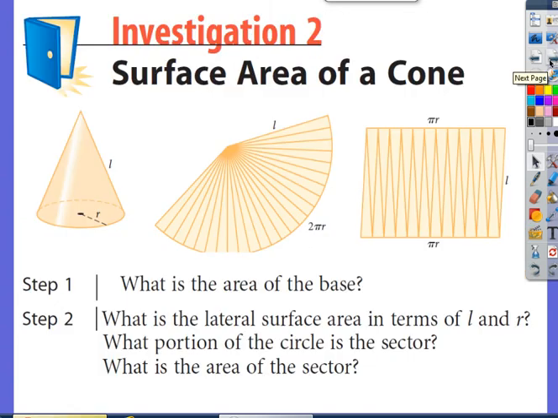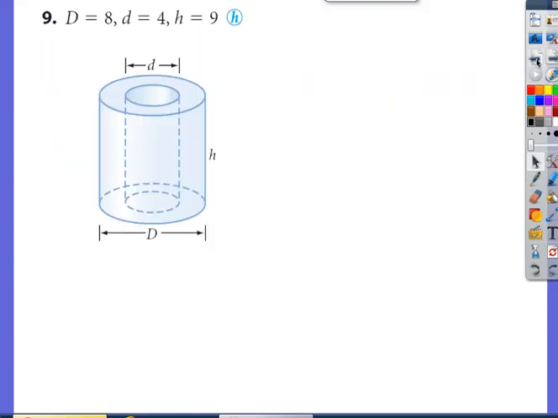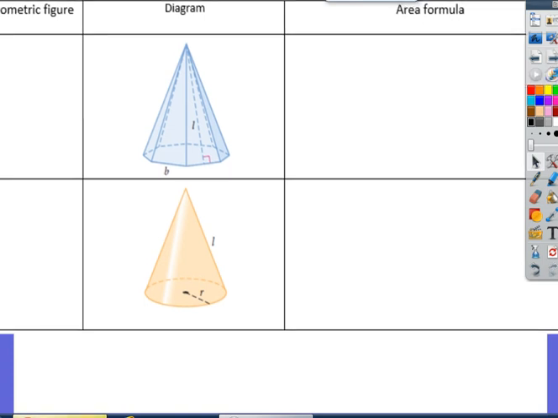Surface area of a cone, and that's it. So I'm going to go ahead and write these down. You have the surface area of a regular pyramid. That's what a regular pyramid looks like. And you have the surface area of a cone. Do not confuse these.